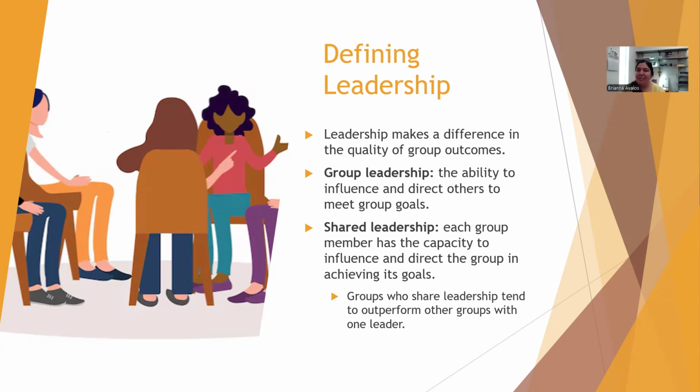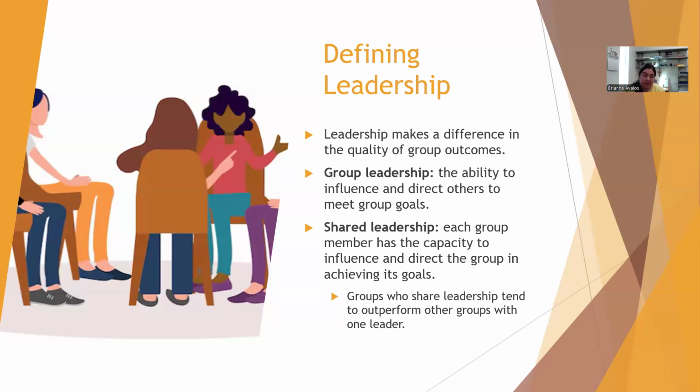So looking just at group leadership first, this is the ability to influence and also the ability to direct others to meet your goals within the group. How together are you able to work and influence each other? Whereas shared leadership is where each group member has the capacity to influence and then direct the group in achieving its goals.